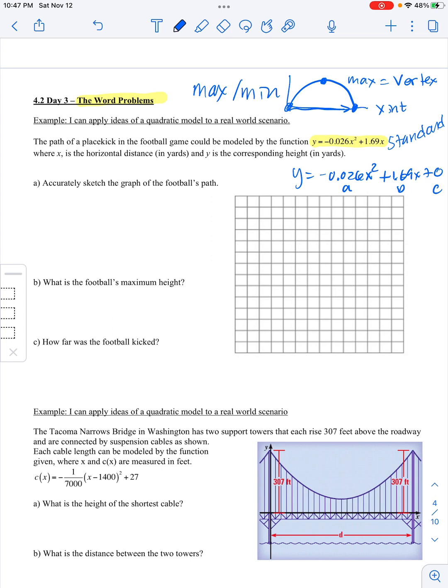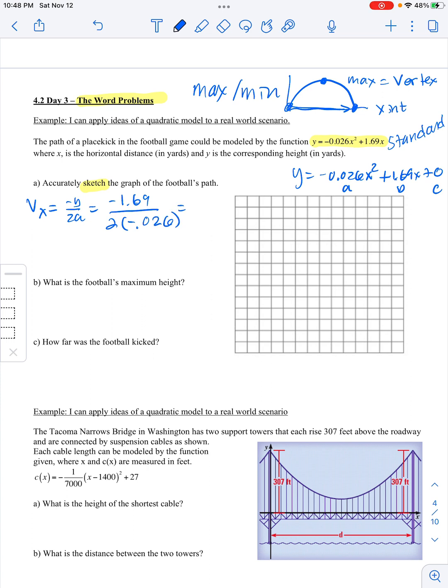Okay, so it says to sketch the graph. All right, well, what kinds of things do we need when we're sketching it? We need the vertex. So to get the x part of the vertex, I'm going to do the opposite of b over 2a, since it is in standard form. So I'm going to have the opposite of 1.69 over 2 times negative 0.026.